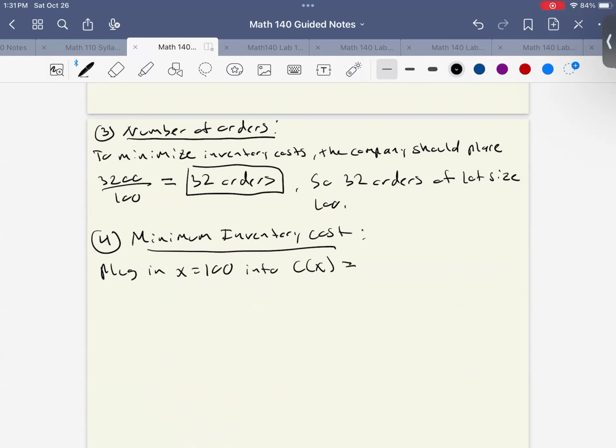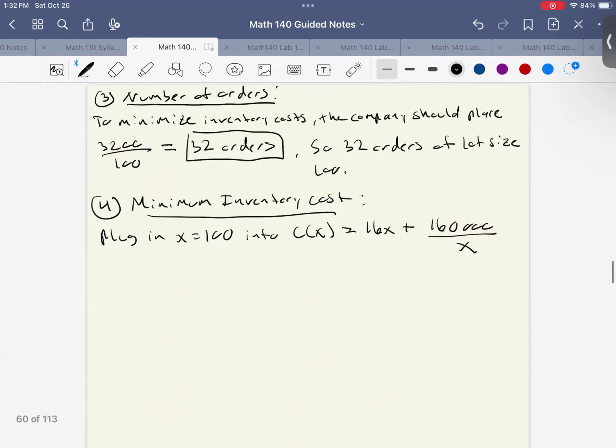So my inventory cost function is 16x plus 160,000 over x. So we'll have C of 100, plugging in 100. So 16 times 100 plus 160,000 over 100.